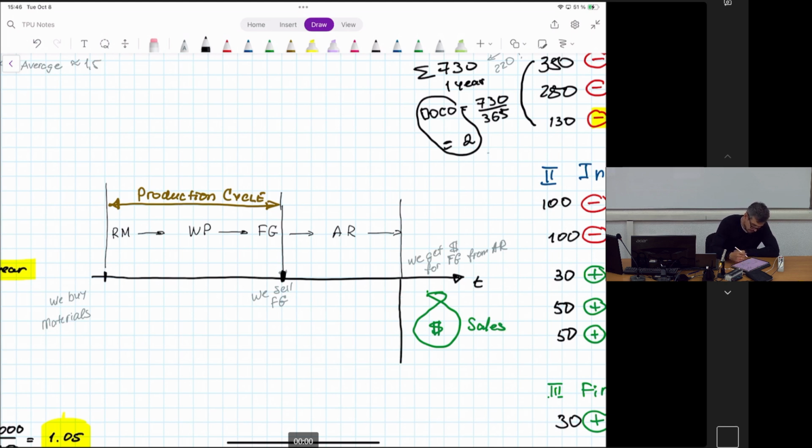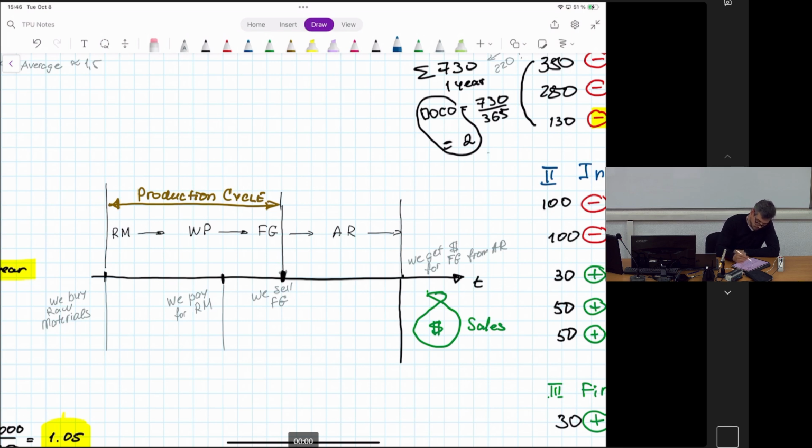So now let's try to look at the broader picture, which we need to understand. There is another moment on this graph which we have not shown, and this is the moment in time when we pay for raw materials. These are raw materials. We buy raw materials, and then there is a time when we pay for it.